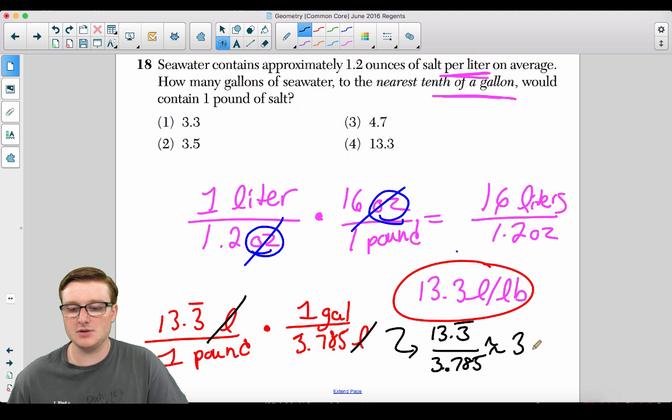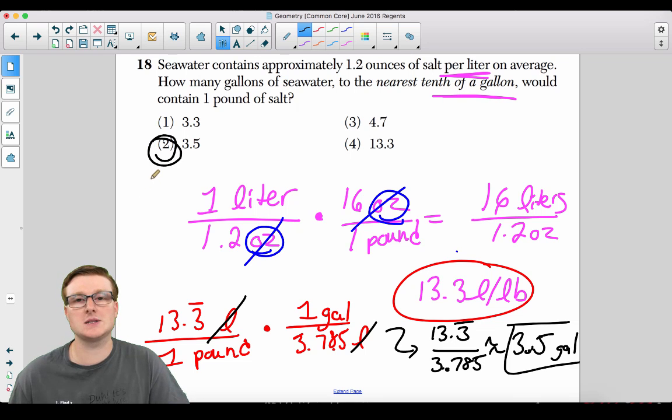So that is approximately 3.5 gallons. And that 3.5 gallons will contain approximately 1 pound of salt. All right, so that is the answer to number 18.